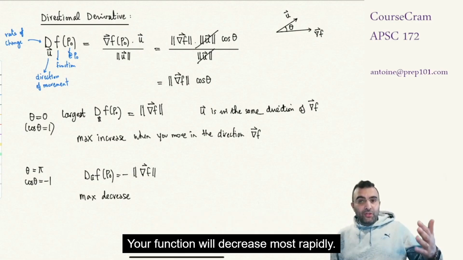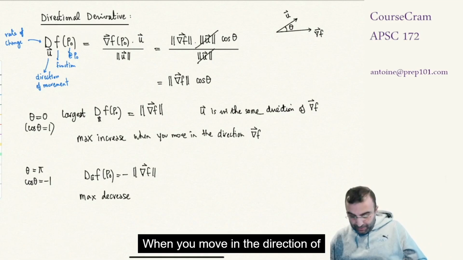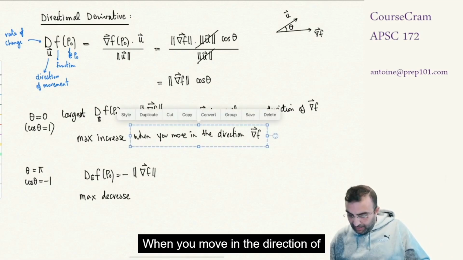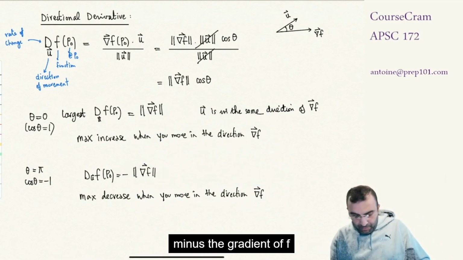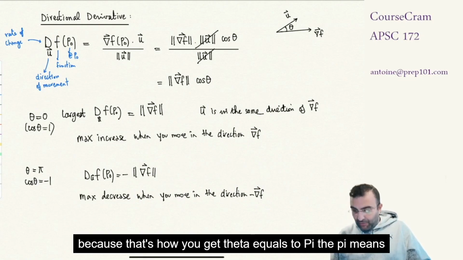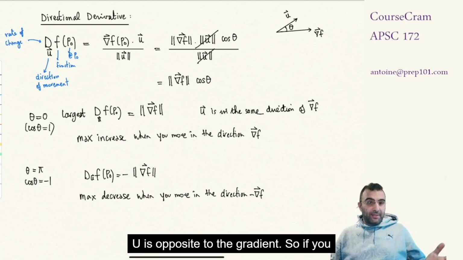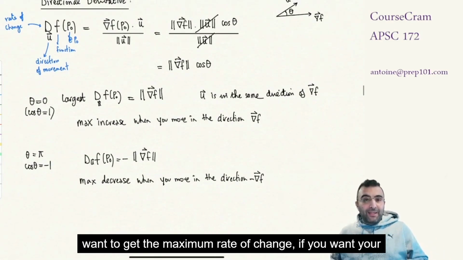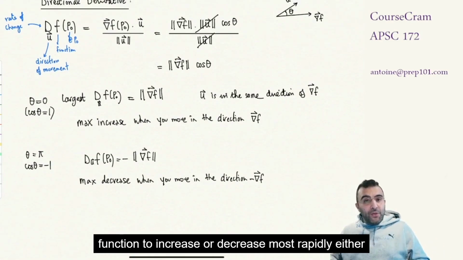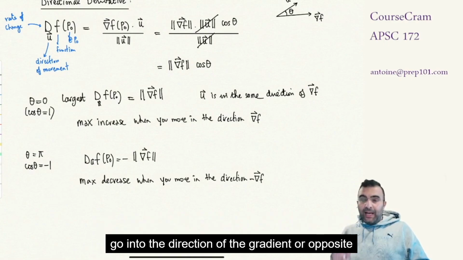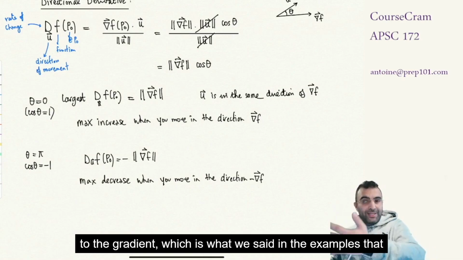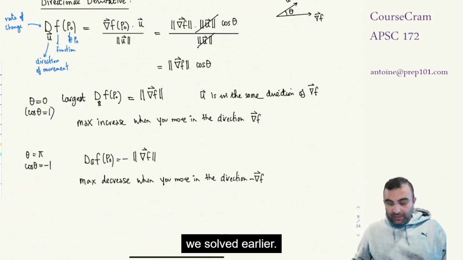Your function will decrease most rapidly when you move in the direction of minus the gradient of f, because that's how you get theta equals pi. The pi means u is opposite to the gradient. So if you want your function to increase or decrease most rapidly, either go in the direction of the gradient or opposite to the gradient, which is what we said in the examples that we solved earlier.